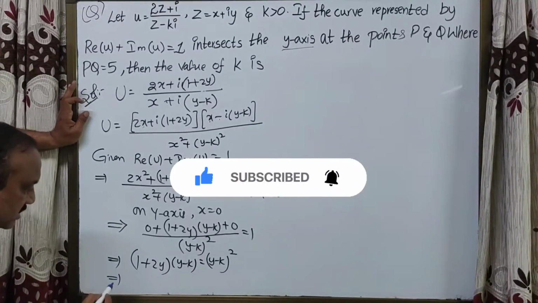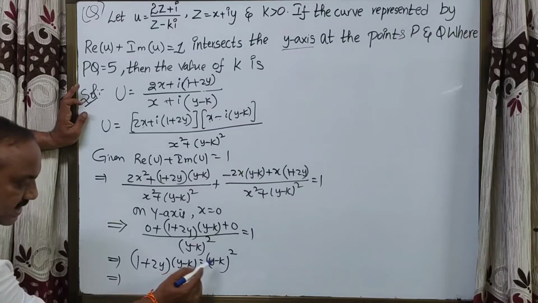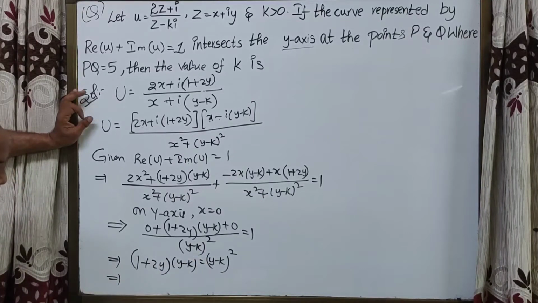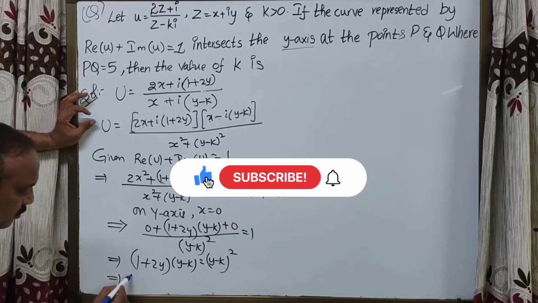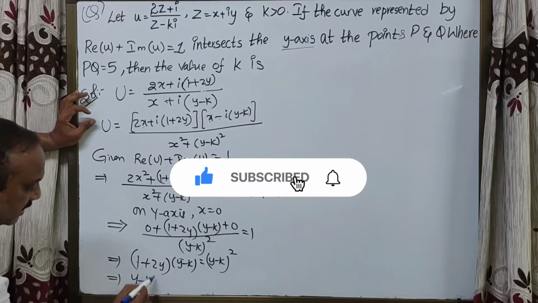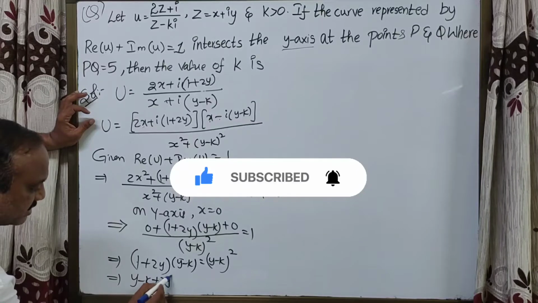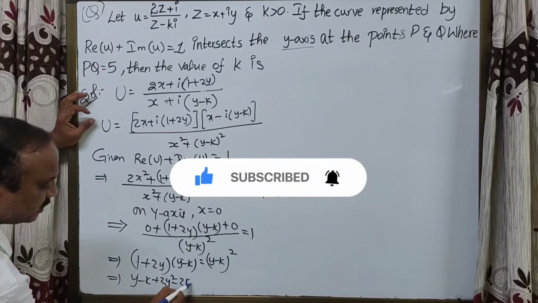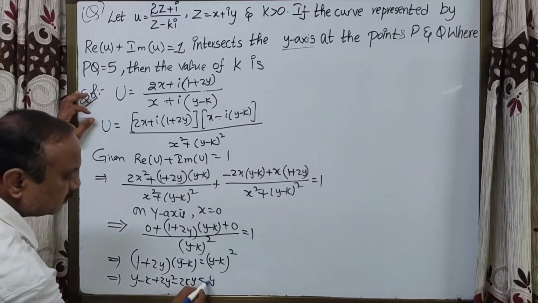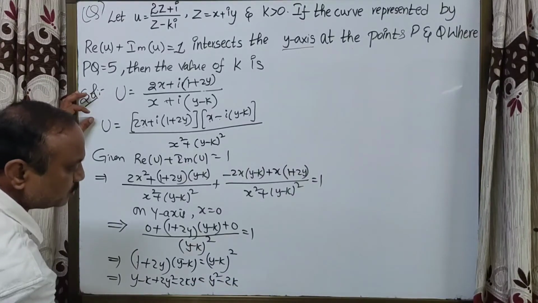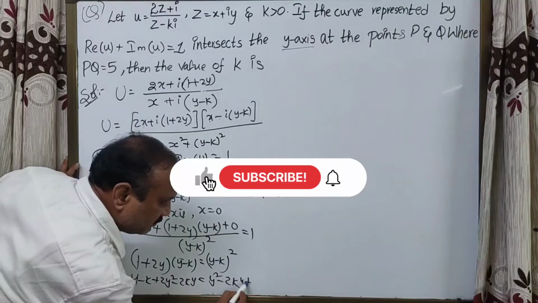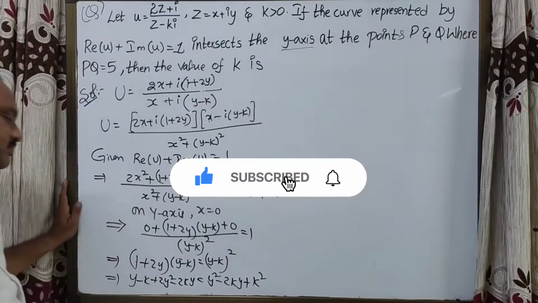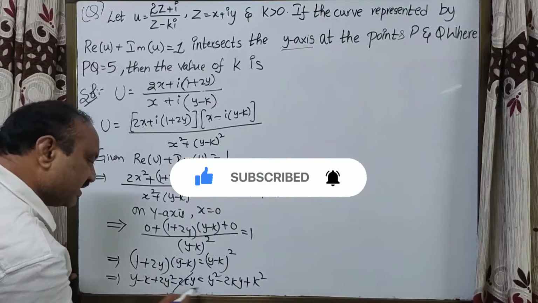It implies, multiply, don't cancel y value, multiply we get y − k + 2y square − 2ky equal to y square − 2ky + k square. Minus 2ky getting cancelled.